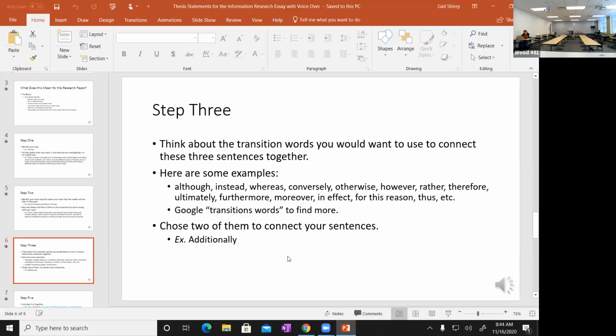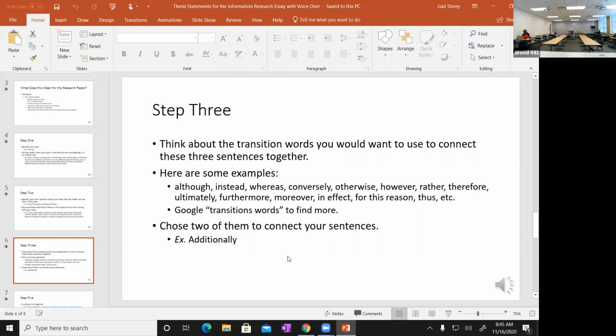So then step 3 is transition. Transition words are connecting your sentences so they flow. Now I give you a whole list of transitions: although, instead, whereas, conversely, basically. Choose 1 or 2 of them to connect your sentences. So if you have a 2 sentence thesis, you don't need 2 of them, but I want you to strive to get a 3-sentence thesis.